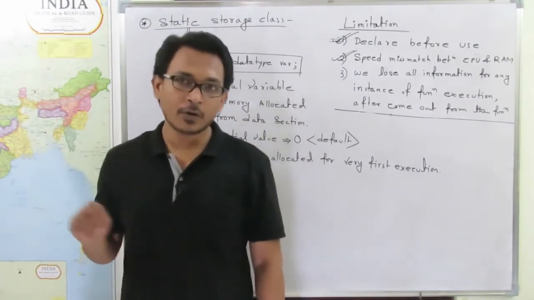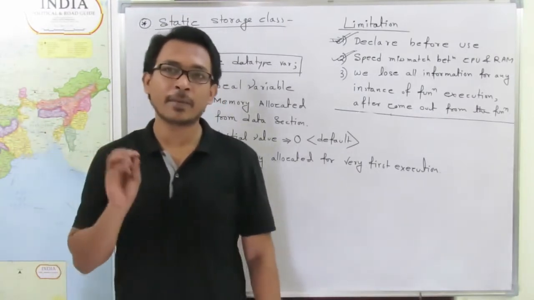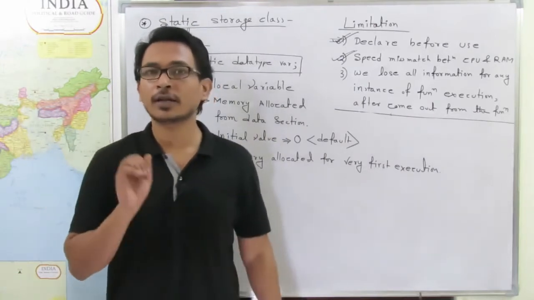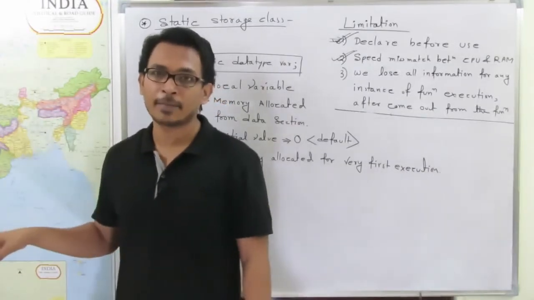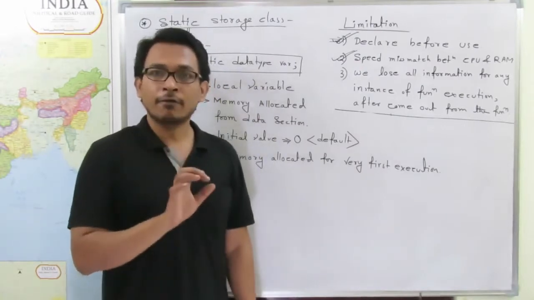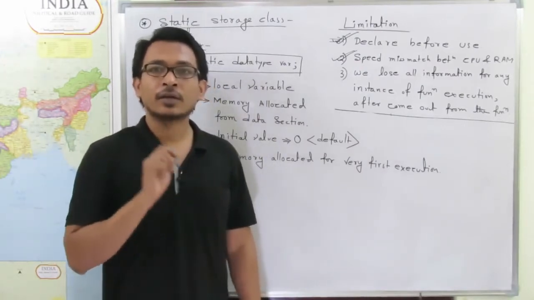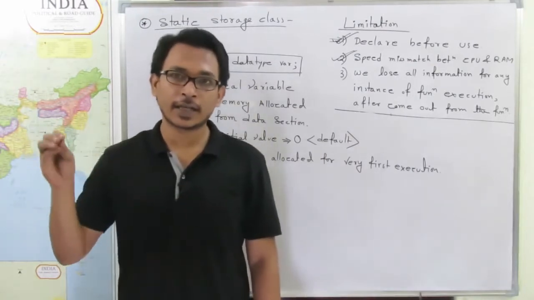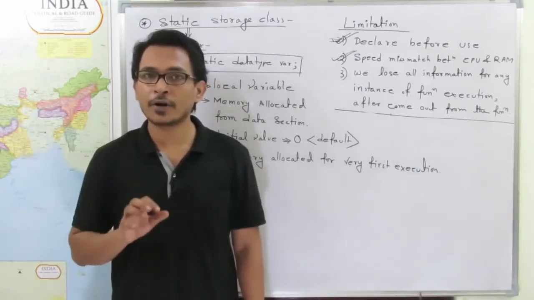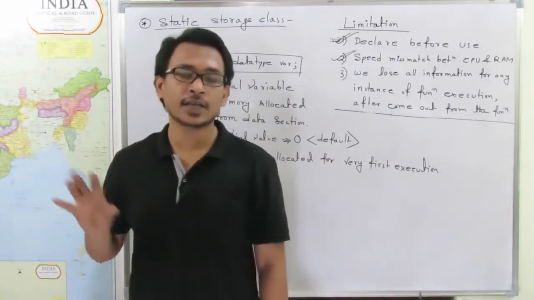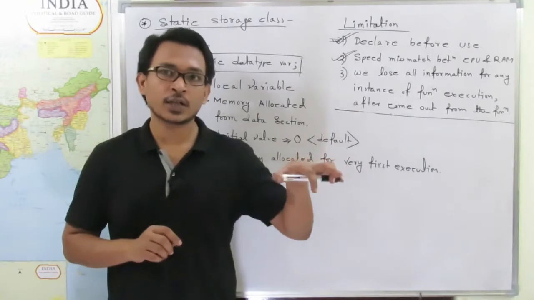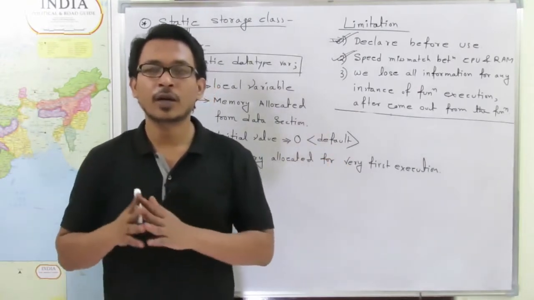That means no longer will the function exist in main memory. So after coming out from the function, if we need any information of that particular function execution, we are not able to get any such information. But with the help of static storage class we can solve this particular problem.